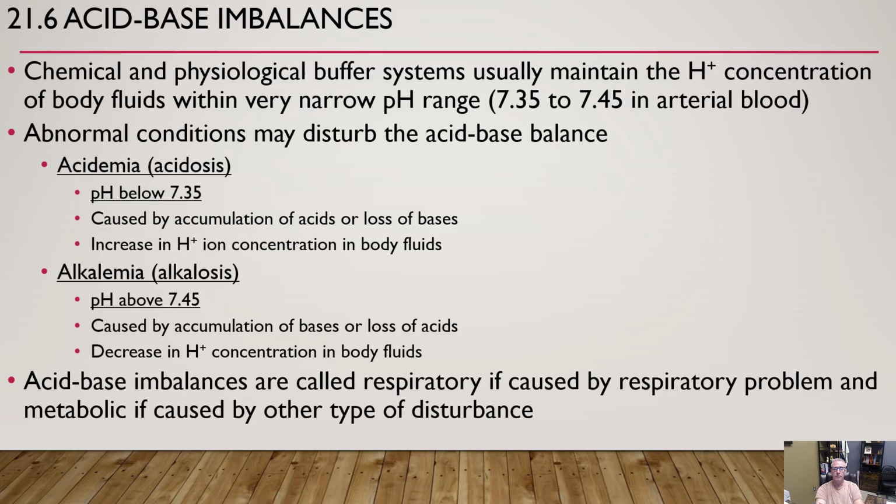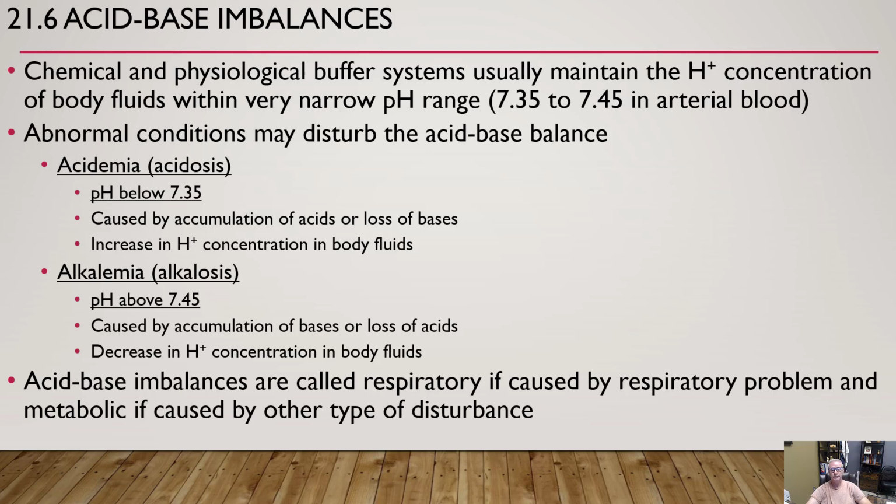If we are too acidic, we call that acidosis or acidemia, and that's when our pH falls below 7.35. So if we're below 7.35, that just means we have too much acid in our blood, or too much hydrogen ion concentration in our body fluid. It's either because we have too much acid or we've lost too much base.